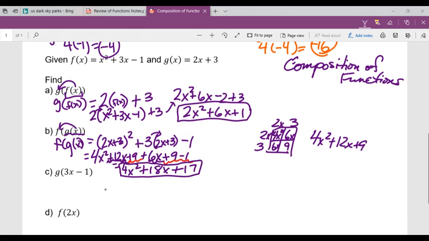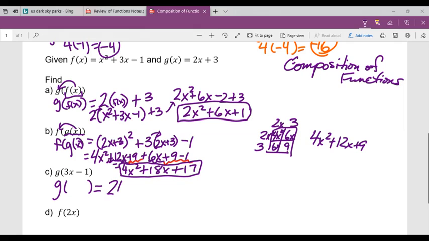Okay. So sometimes composition, this is kind of like function notation as well as composition, tells me to put this function into this function. So again, anywhere g has a parentheses, g of x, but instead of x, I want 3x minus 1.